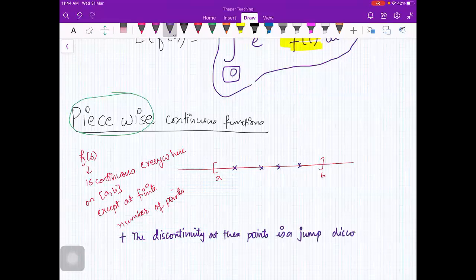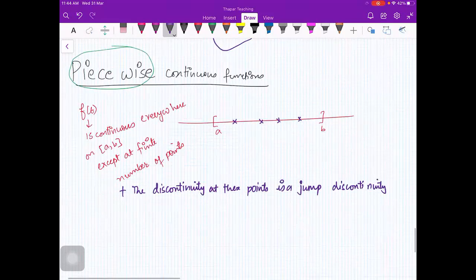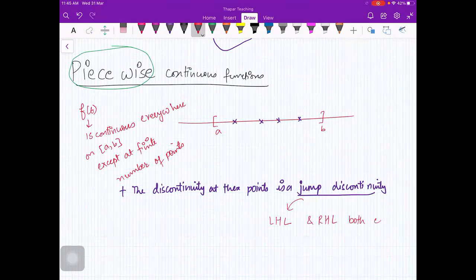अब jump discontinuity क्या होती है? Jump discontinuity is that the left hand side limit exists and the right hand side limit exists, but they are not equal. Such a discontinuity is called a jump discontinuity.